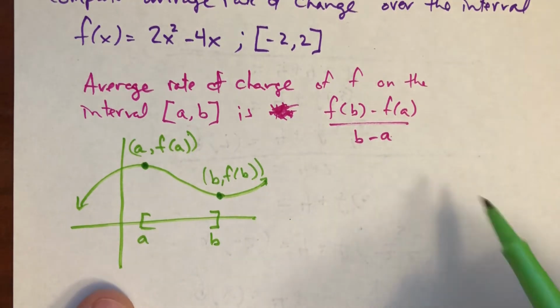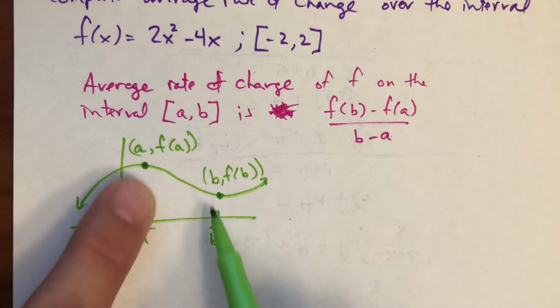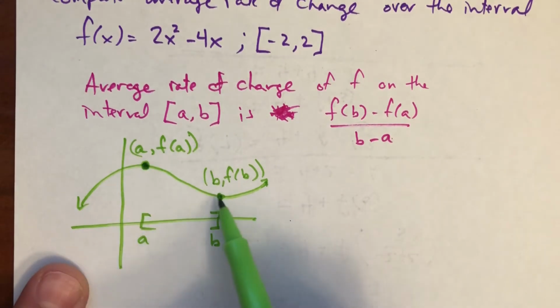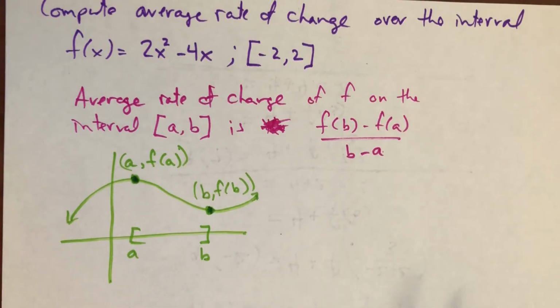Putting these two pieces together, we get our formula. Connect the dots here, right? We're finding the slope of the line connecting these two points. So that's essentially all we're doing: finding the slope of a line connecting two points on our function.